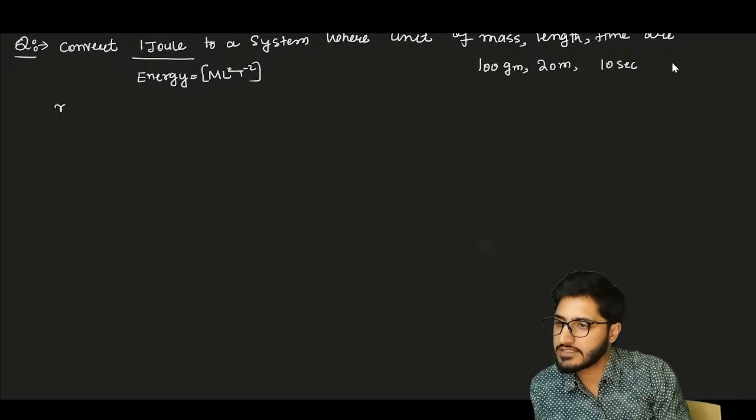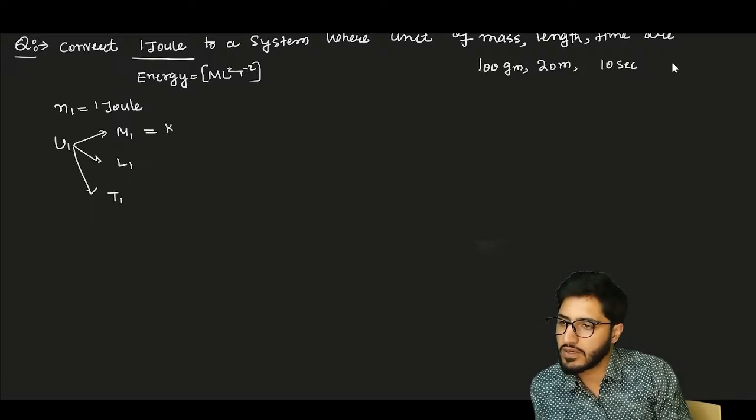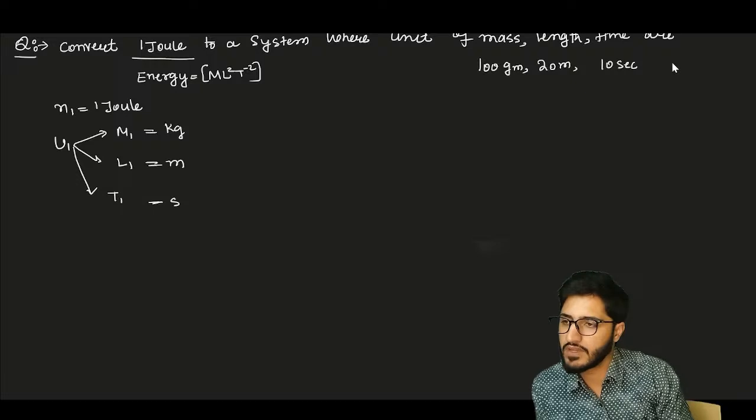So N1 is given 1 joule. In U1 my M1 is given, my L1 is given, my T1 is given. M1 is kilogram, we know it now. Length is meter, time is second. Also, my A is 1, B is 2, C is minus 2.